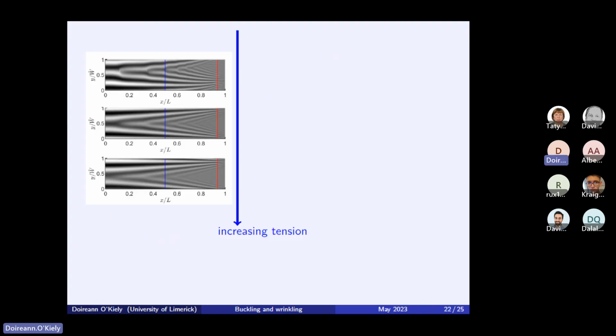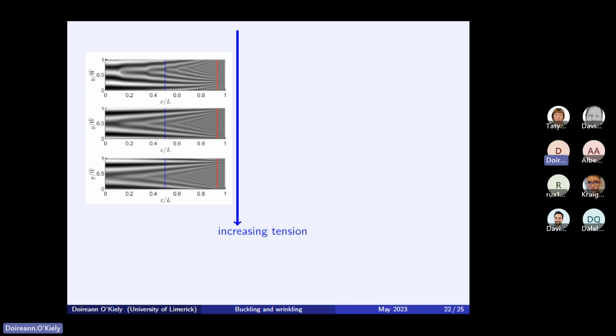Okay, so we started out by doing simulations in Surface Evolver, which is finite elements, open source software. And so we can look at a top-down view of a simulated system where I have 4 wrinkles on one end and 20 wrinkles on the other end. And you don't see a whole lot besides knowing that it does actually go from 4 to 20.